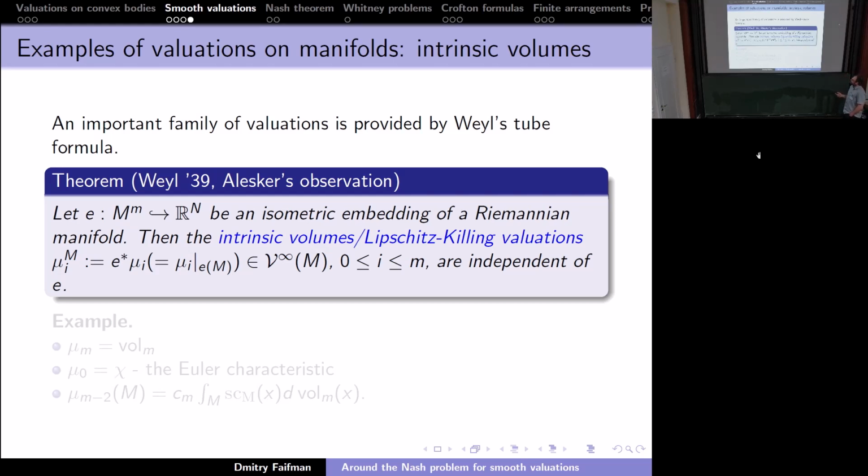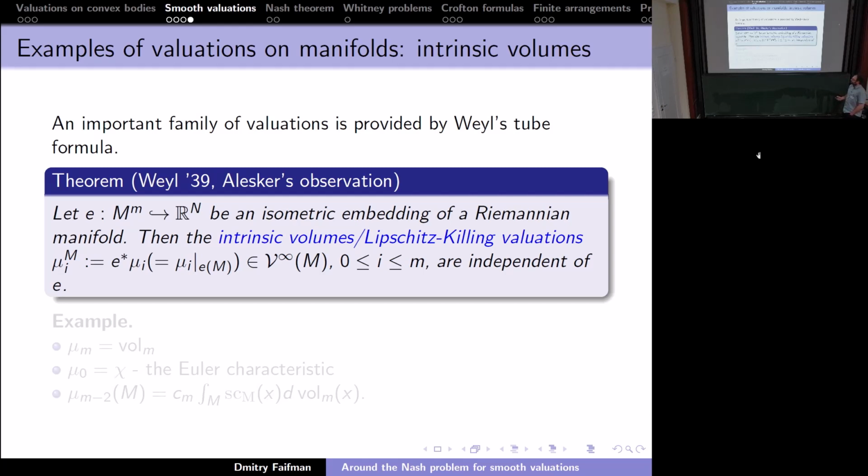The key observation is that those valuations are independent of the choice of isometric embedding. They only depend on the Riemannian structure on the manifold, or in more classical language, they depend on the first fundamental form, but not on the second fundamental form of this embedded manifold.